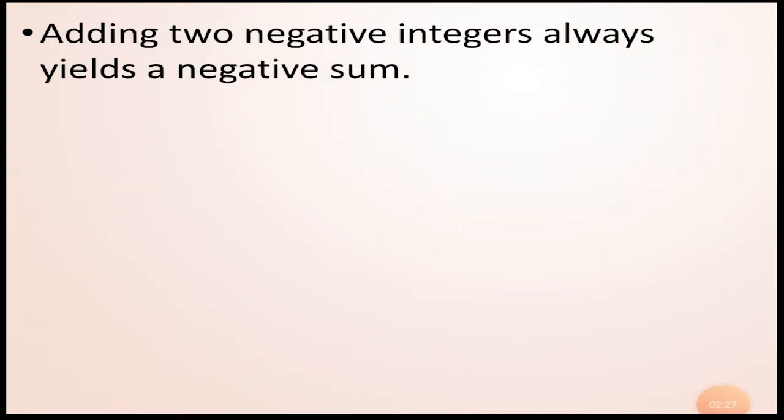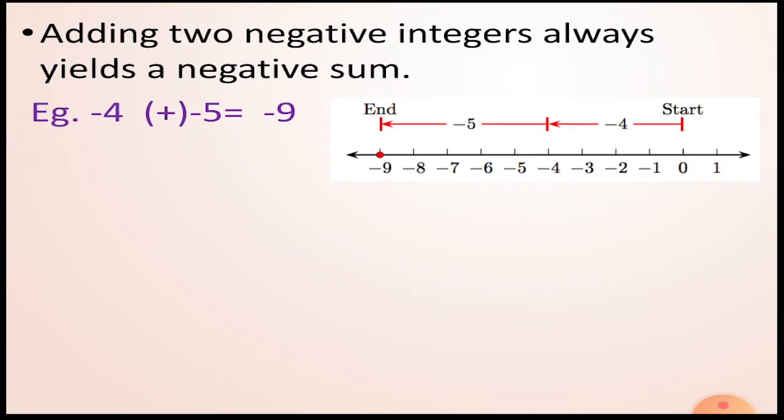Now come to another rule: adding two negative integers always yields a negative sum. Let's see through an example again. We have here minus 4 that is to be added with minus 5. So children, when we add any two negative integers, we first of all add them. So 4 added with 5 gives us 9. Regardless of their sign, we add these two integers and later we see which of 4 and 5 is greater.